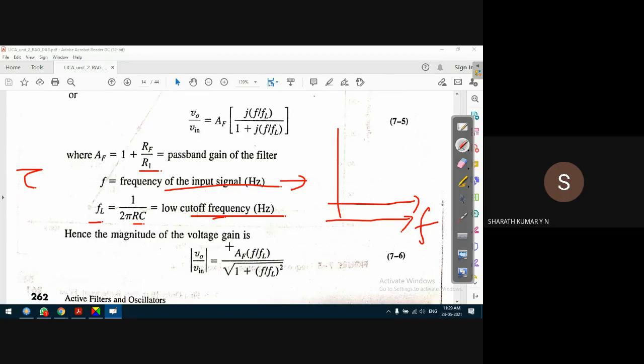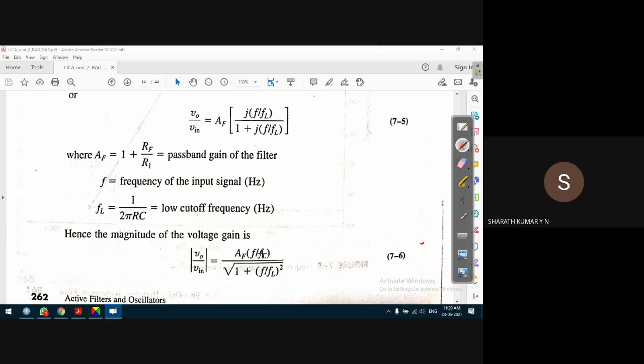The magnitude of the voltage gain is V naught by Vi, taking the magnitude: AF into F by FL, divided by the square root of 1 plus (F by FL) squared. So for a given fixed frequency, and for the design values of R and C, FL is also a constant value.